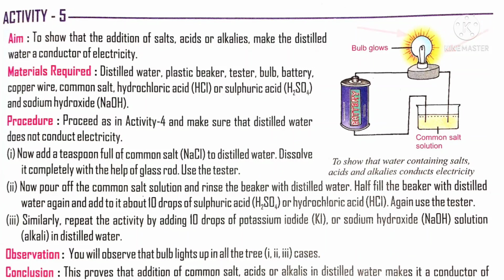Because of the presence of ions, the bulb connected to the circuit glows. So what do you conclude from this? Distilled water doesn't have ions, but if salt, acid or base is added to the water, they definitely produce ions in the solution. Thus, they become good conductors of electricity, and the circuit in which the bulb is connected will glow brightly.